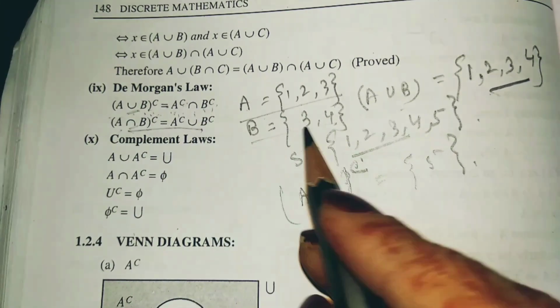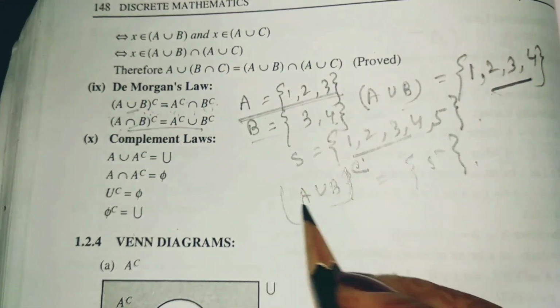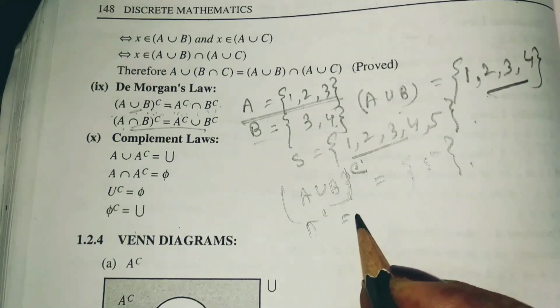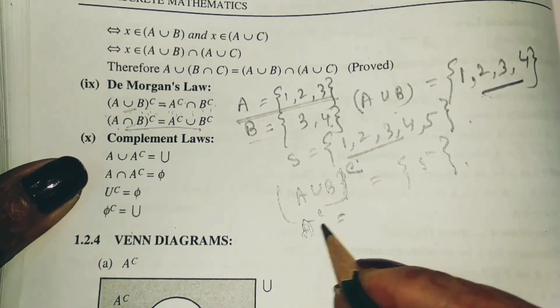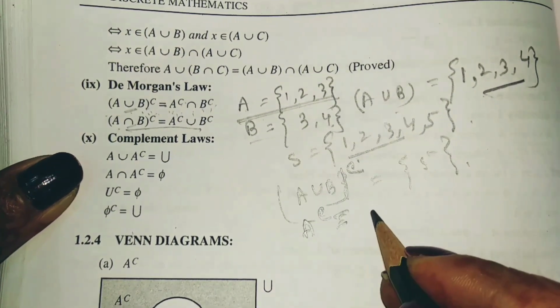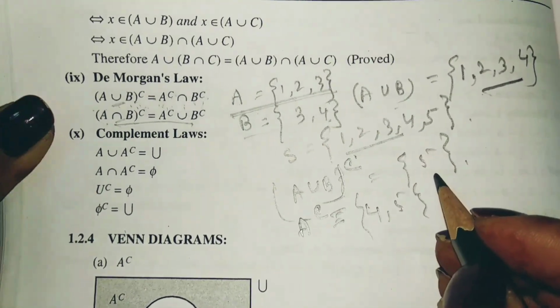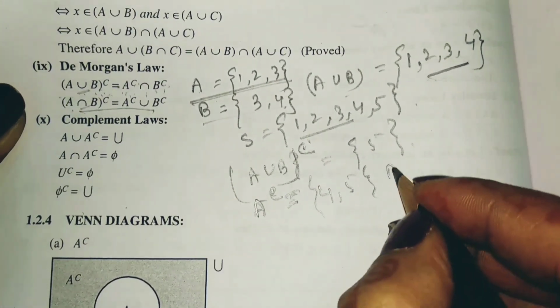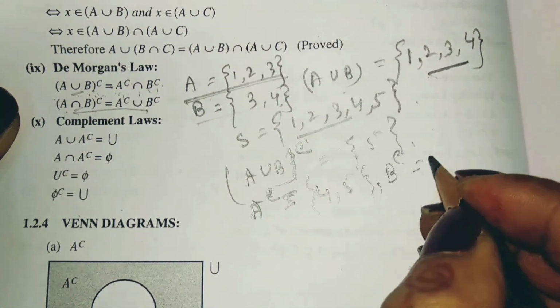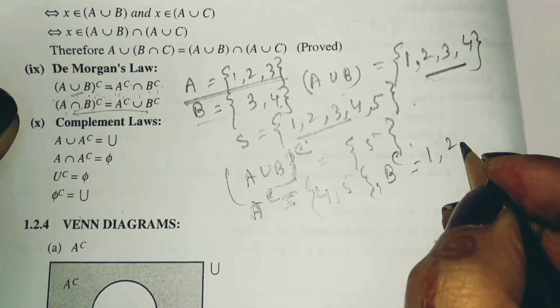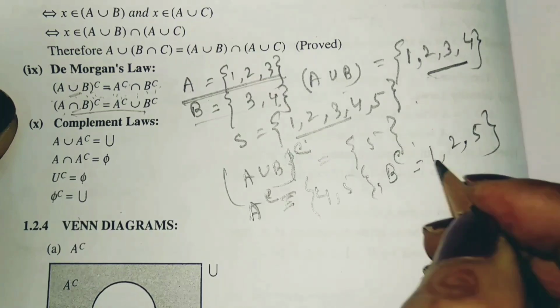Now A complement means what? A complement is 4 and 5 and B complement is 1, 2 and 5.